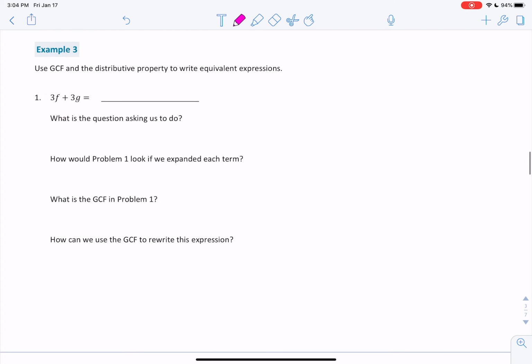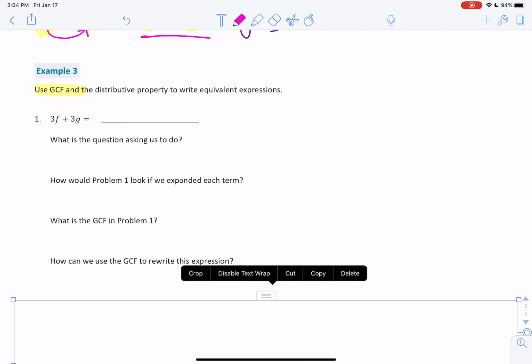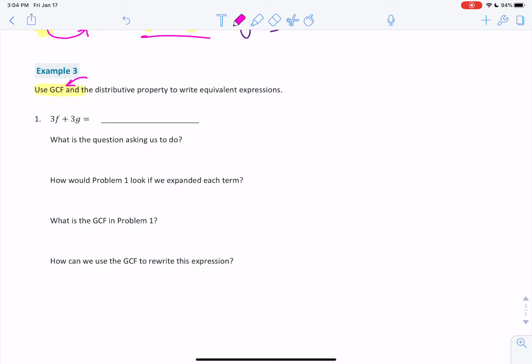Okay, example 3. Use GCF and the distributive property to write equivalent expressions. So, first of all, we need to know what the GCF is. If you don't know what that is, then that's a problem, right? Because we need to understand the terms they're using in the questions, or we're not going to know how to answer.